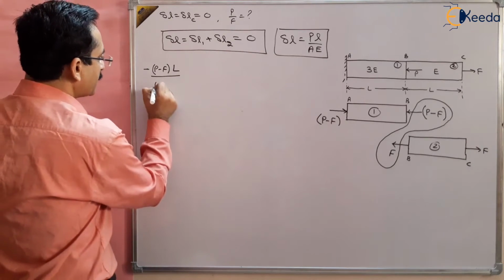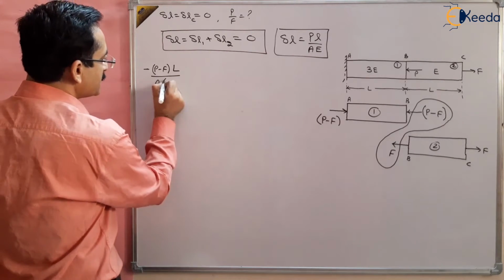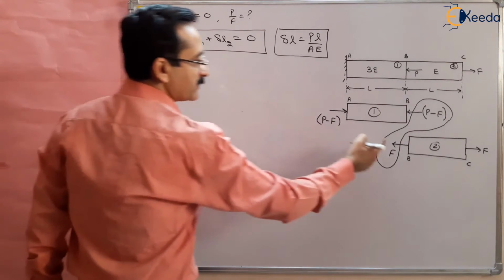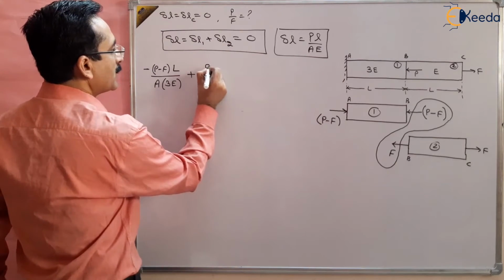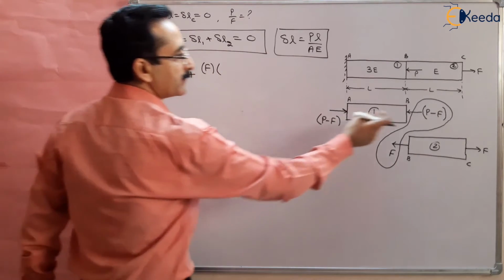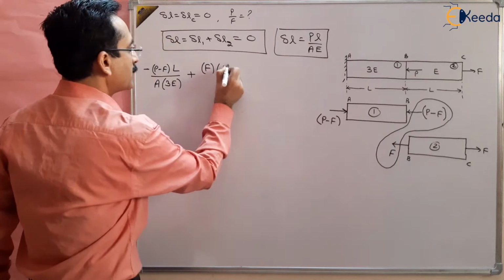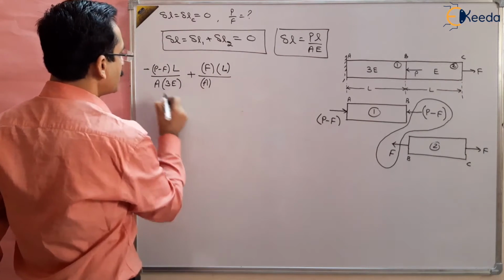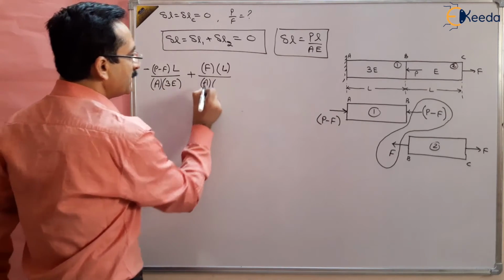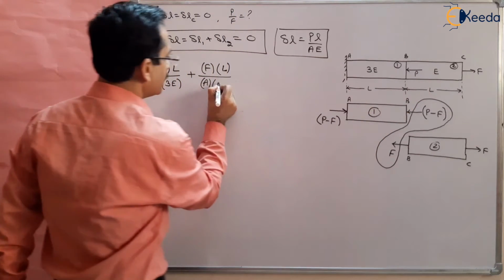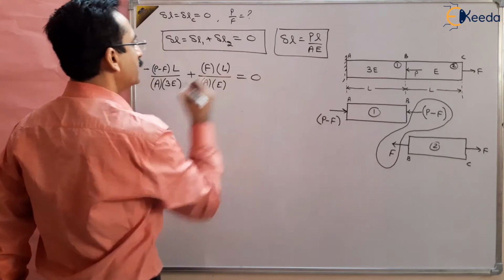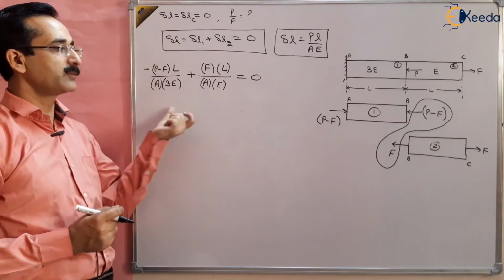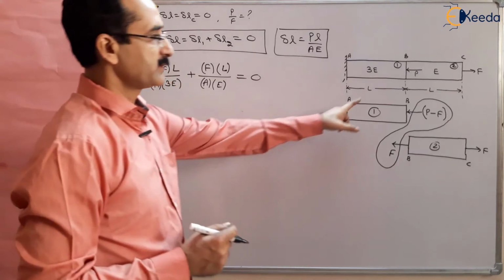Area is the same, so we can keep it A, and modulus of elasticity is 3 times E, plus force F tensile, length L, area the same A, and E is single E, and that should be equal to 0. So this is the principle of superposition, that the total deformation is the sum of all the deformations of the sections of the bar.